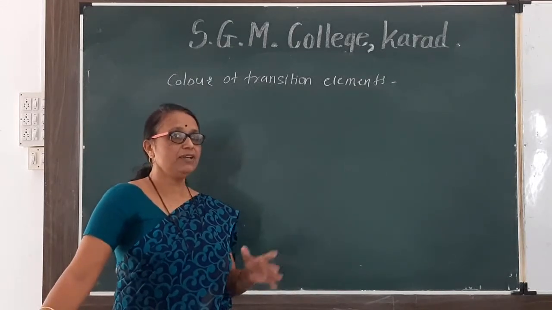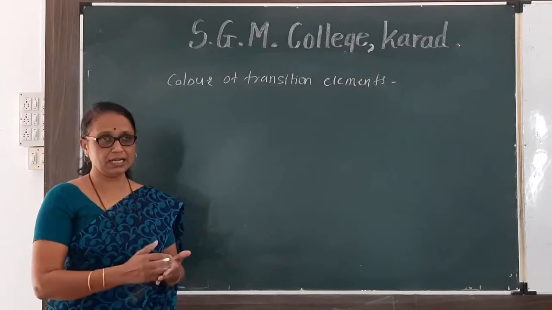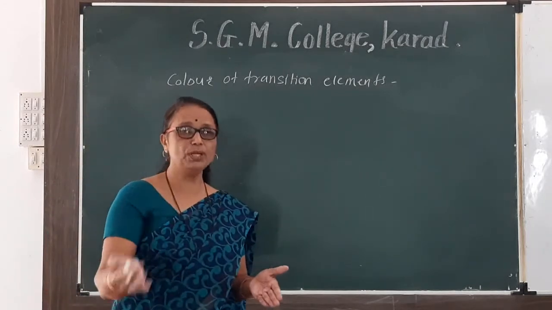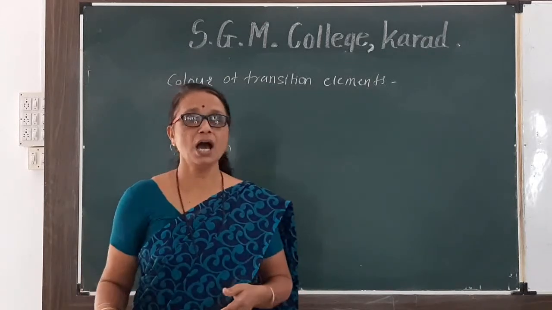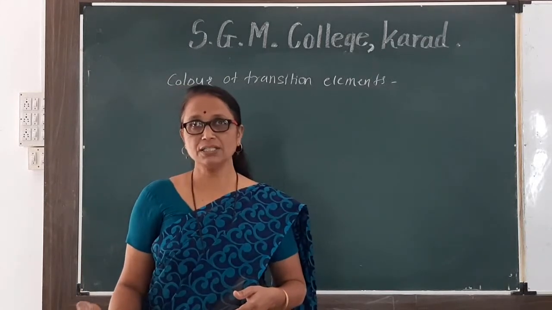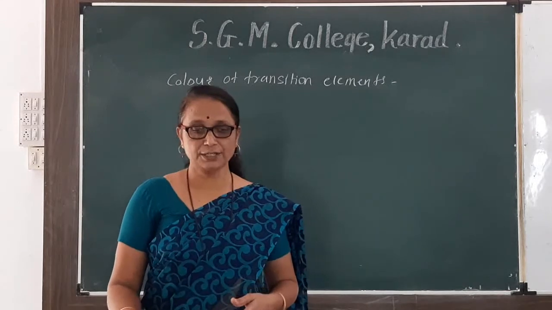Means if any substance absorbs the red light, then it emits the blue light, and the color of that substance is blue. Then how does that substance or transition metal absorb the light?